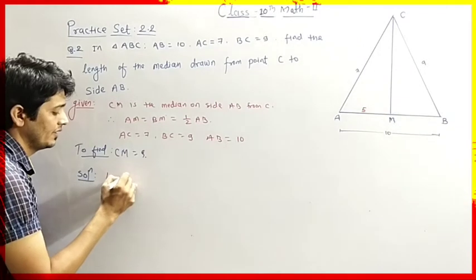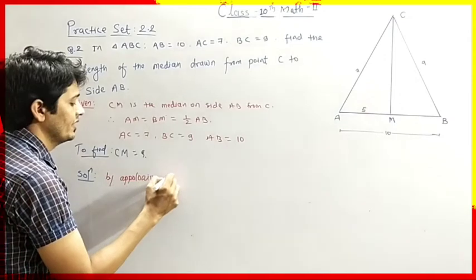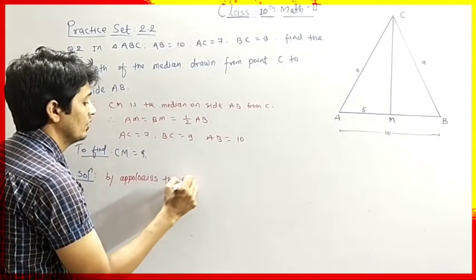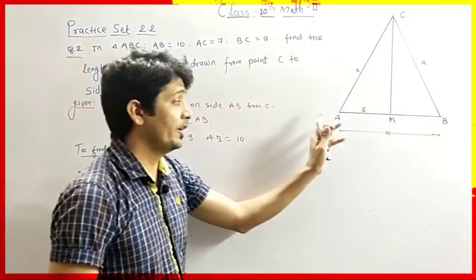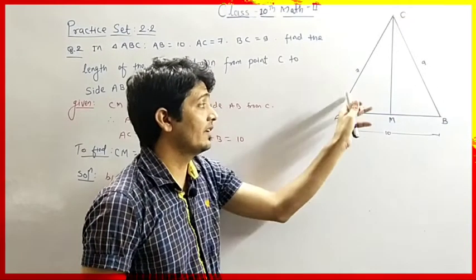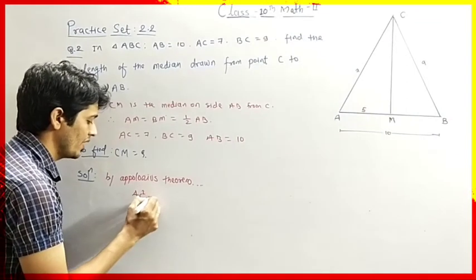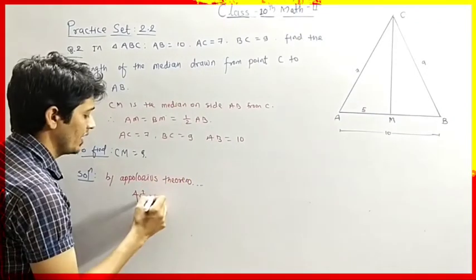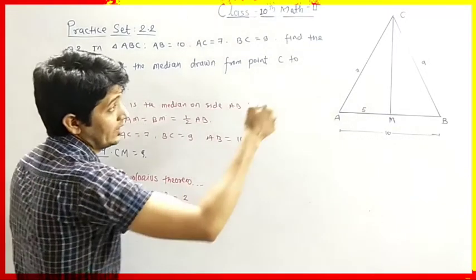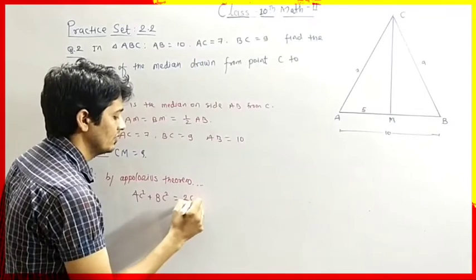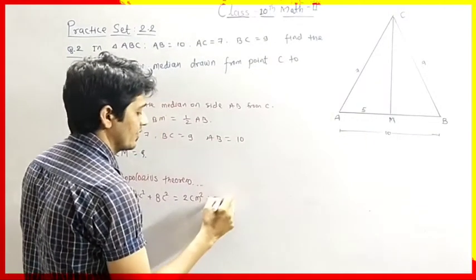By Apollonius theorem, we can write AC square plus BC square equals twice of CM square plus twice of AM square.